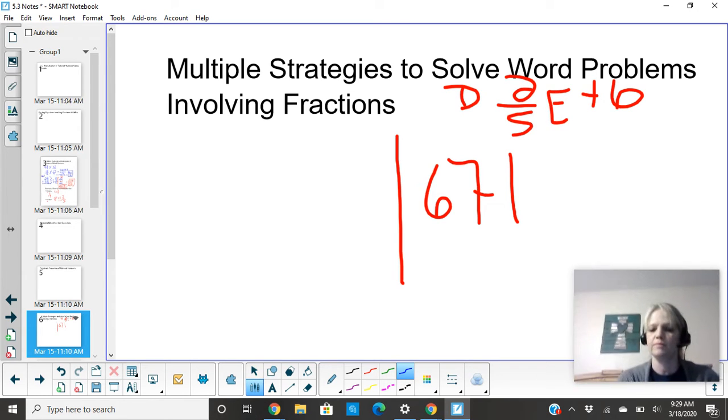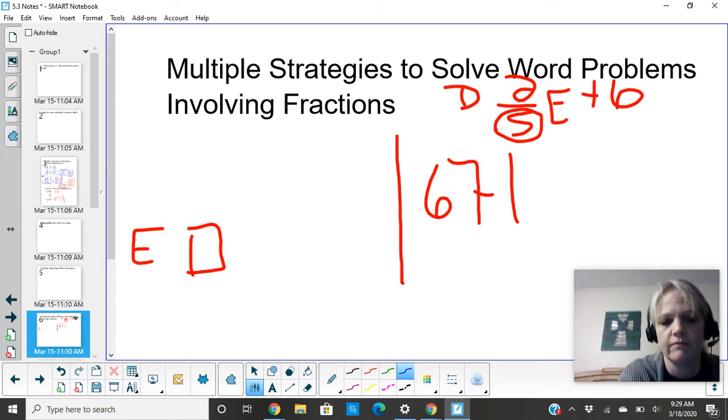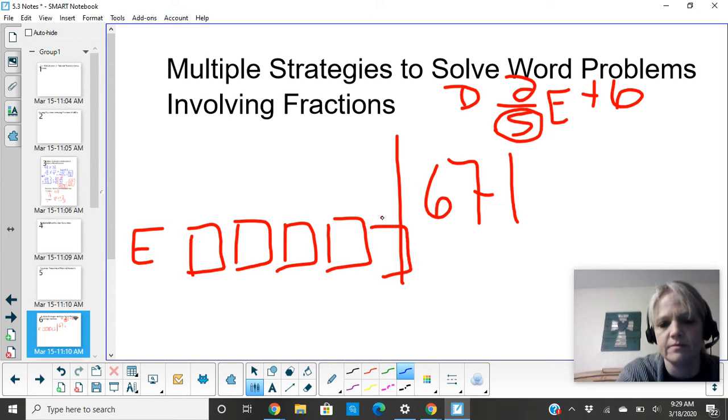Okay, of means multiplication in word problems, okay? So that means Aaron has the whole, because David has 2/5 of Aaron's. So over here, Aaron is going to have the whole. And since David's is divided up into fifths, 5/5 make a whole. Does that make sense?